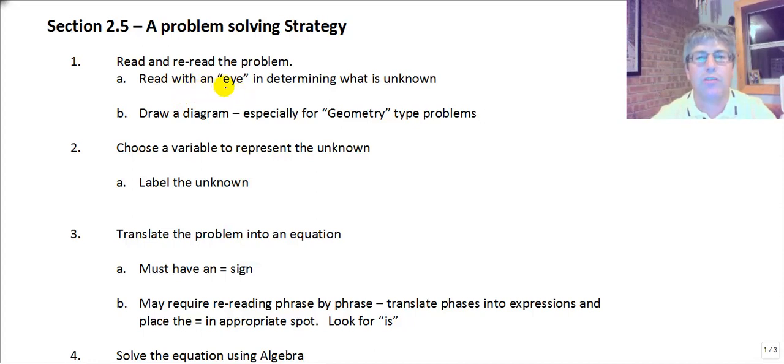What we want you to do is determine the unknown and then translate that into an algebraic equation. You might want to draw a diagram, especially for geometry type problems, triangles, rectangles, that kind of thing. Then you'll need to choose a variable to represent the unknown and label the unknown.